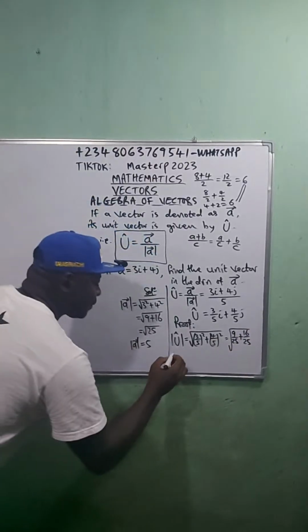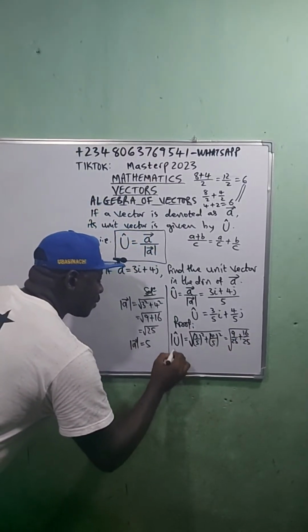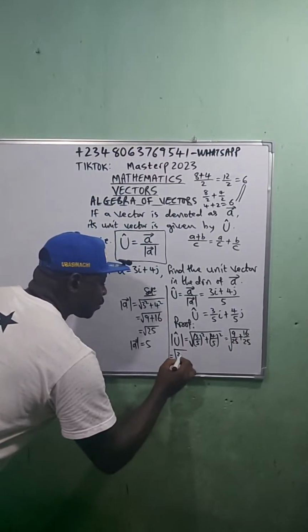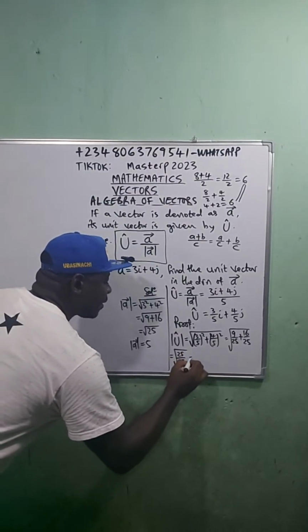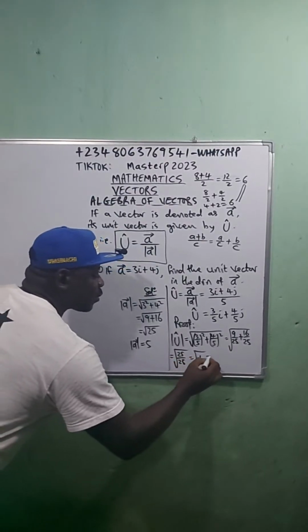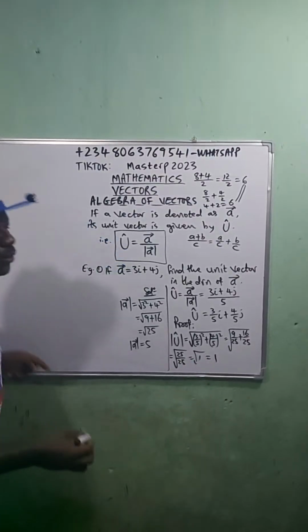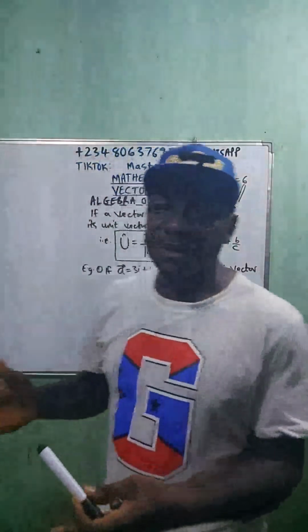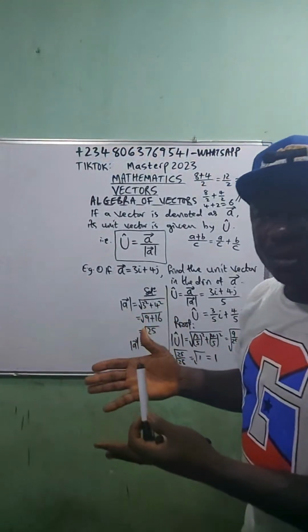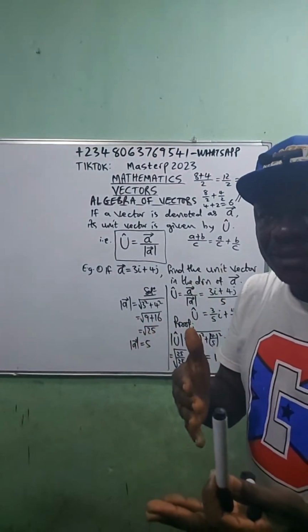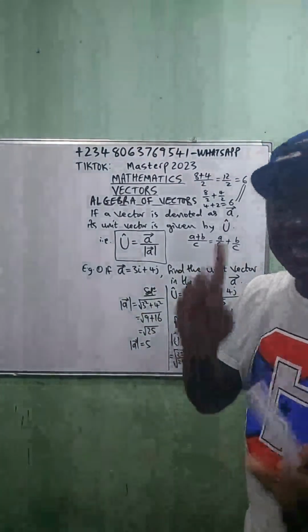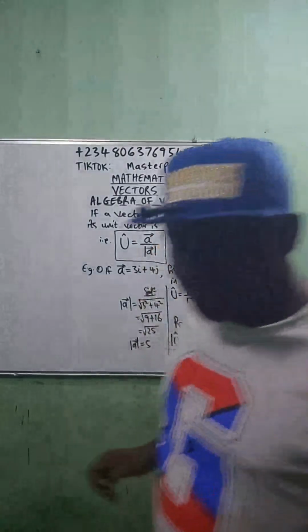So I'll add that. That will give me the square root of 9 plus 16 which is 25, over 25. And 25 divided by 25 is 1, and the square root of 1 is equal to 1. So that's what we mean by a unit vector. A unit vector is a vector whose modulus or whose length is equal to 1, as the name implies, unit, 1.